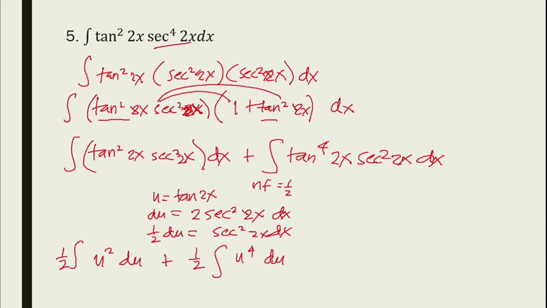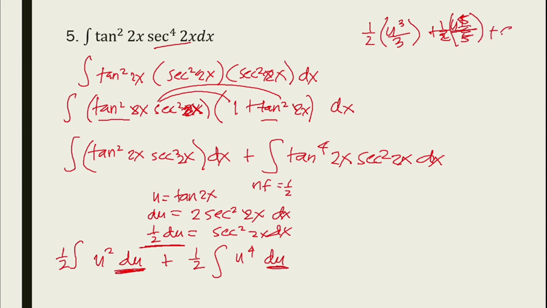So where did we get the 1/2? Because we have here 1/2, we just move it immediately before the integral sign. When we integrate this part, we have 1/2 times u cubed over 3 plus u raised to 5 over 5 plus c.